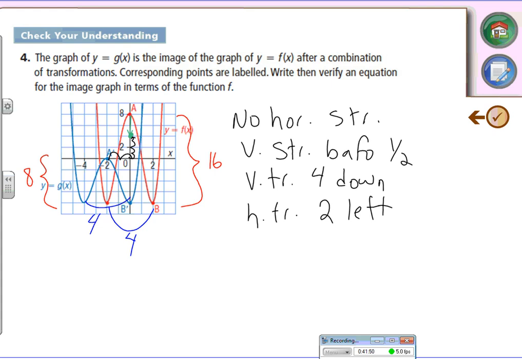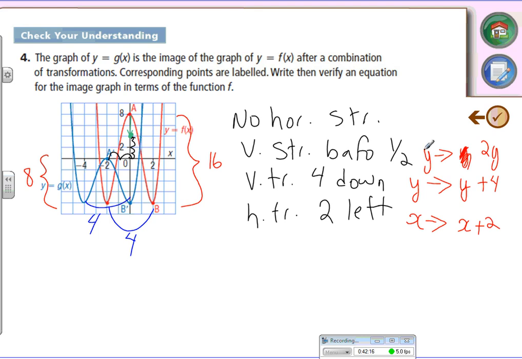So, vertical stretch, that means y is replaced with 2y. Vertical translation, y is replaced with y plus 4. Horizontal translation, x is replaced with x plus 2. Throw them into your equation, and you got it done.